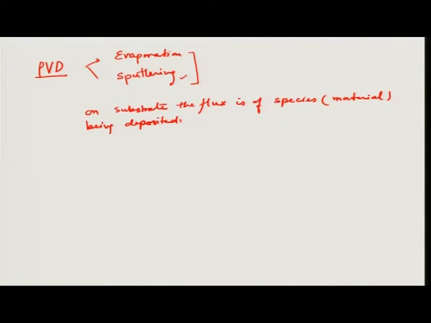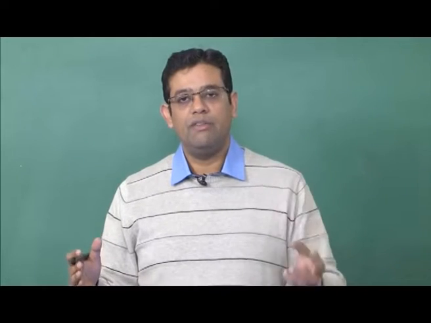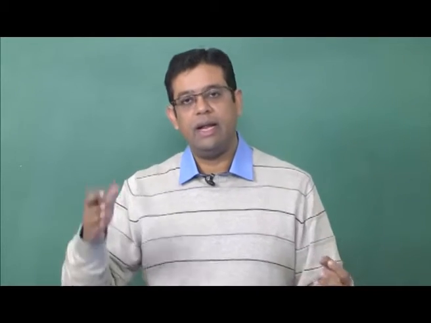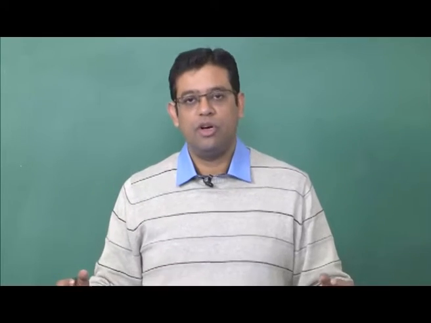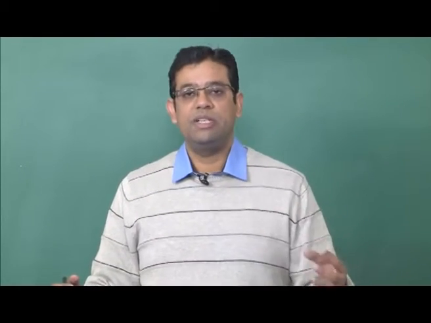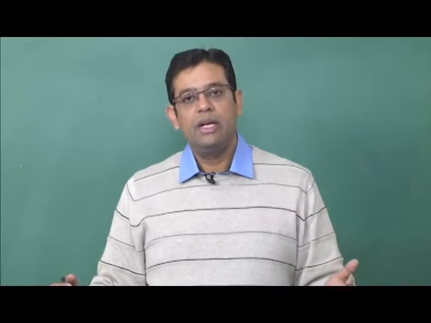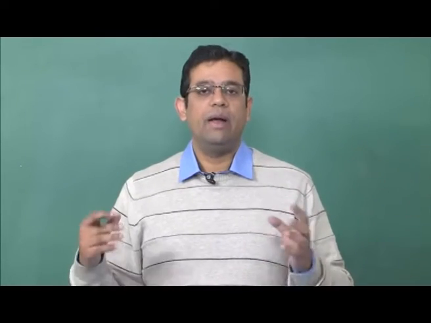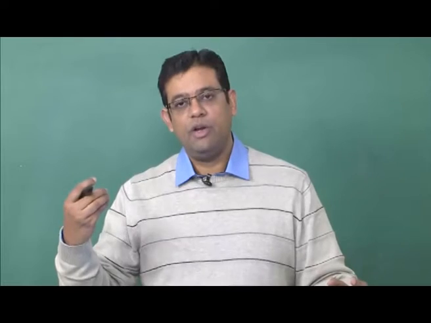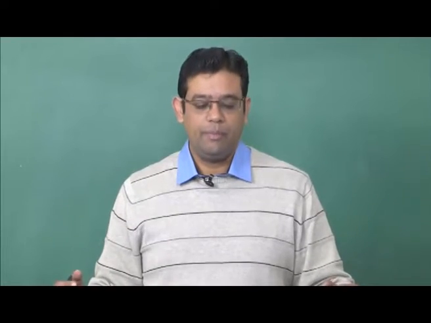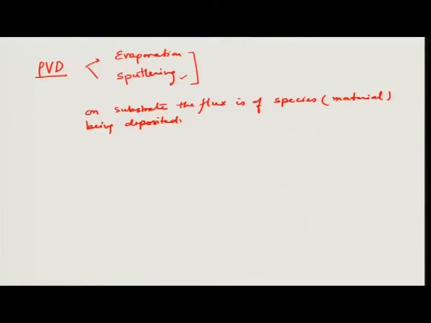So, if we want to make a thin film of gold, we evaporate gold and make a thin film of gold on our substrate. If we want to deposit aluminum oxide, we use sputtering to mechanically remove atoms or molecules of aluminum oxide and deposit on our film. Sometimes we also use reactive sputtering. So, we have two fluxes coming in together onto the substrate, but the flux is in elemental form or molecular form of the species being deposited.